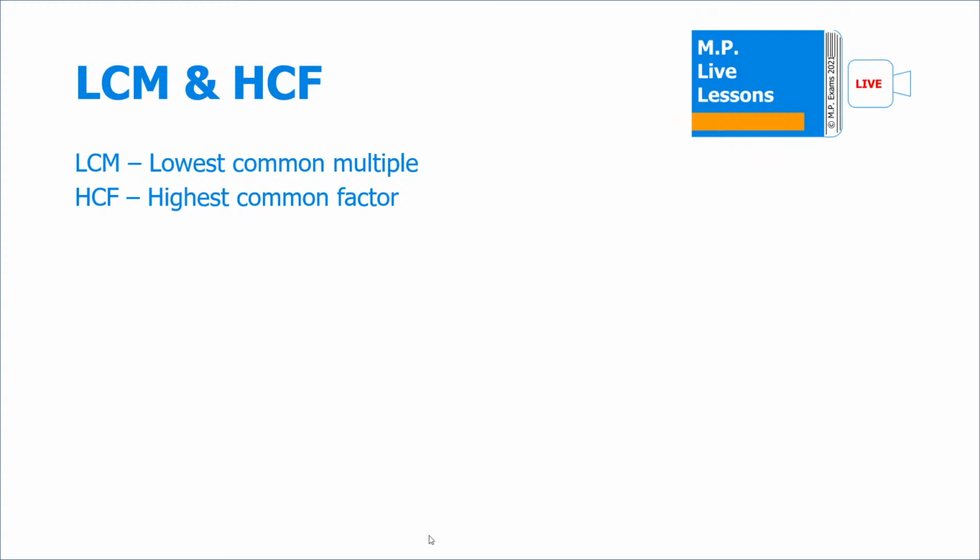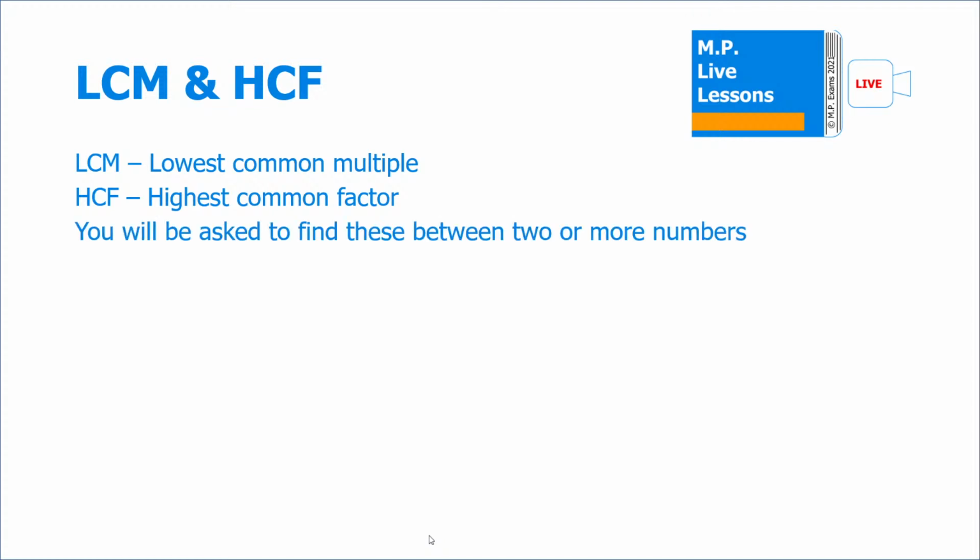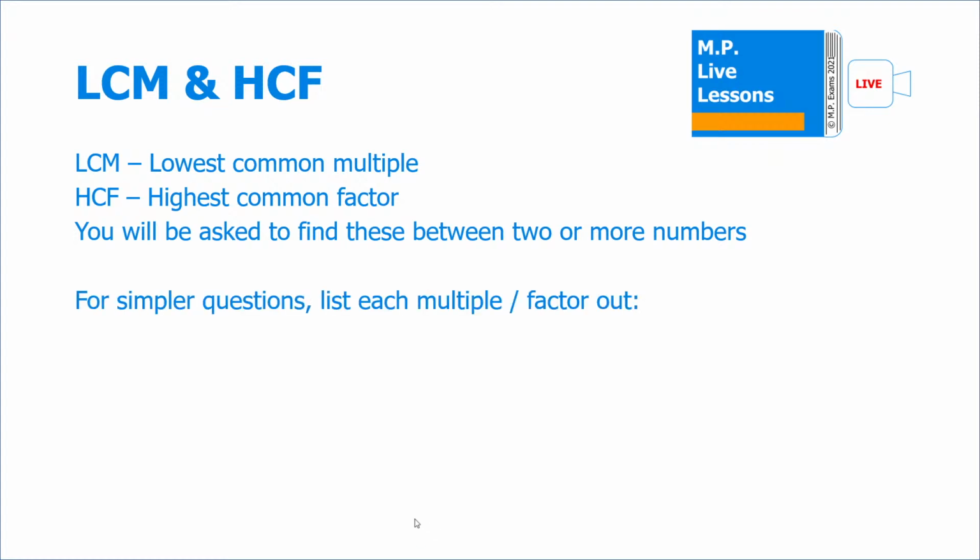The LCM is the lowest common multiple, and the HCF is the highest common factor. You'll be asked to find these between two or more numbers. For simpler questions, you'll need to write each factor or multiple out, and then find the highest one or the lowest one in common. For example, find the lowest common multiple and highest common factor of 15 and 9.